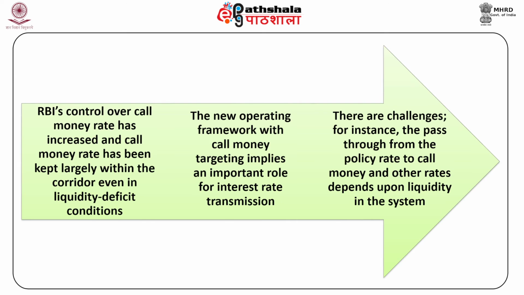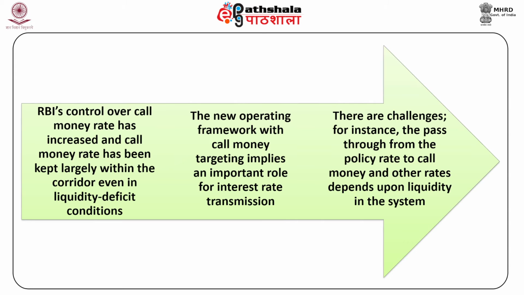With the introduction of new LAF, RBI's control over call money rate has increased and call money rate has been largely within the corridor, even in liquidity deficit conditions. The new operating framework with call money targeting implies an important role for interest rate transmission. This implies that change in policy rate passes through call money to the spectrum of interest rates.